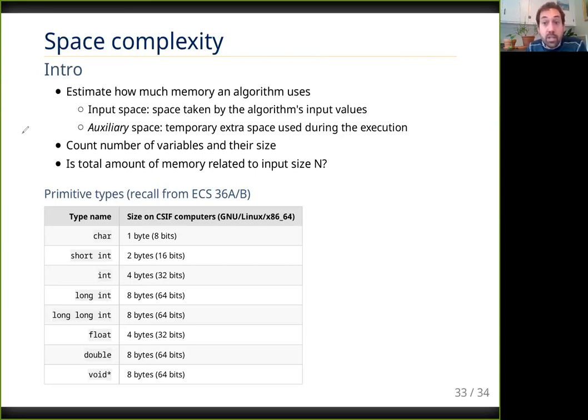So for example, a simple character is always 1 byte. A short int is 2 bytes. Usually ints are often 4 bytes and so on. That also means that when you code an algorithm, you have to be careful of the data type that you choose for your variable.